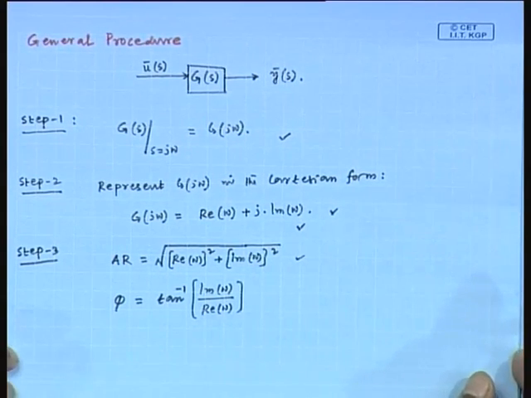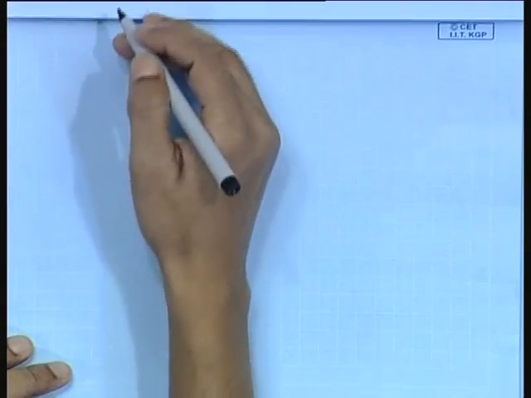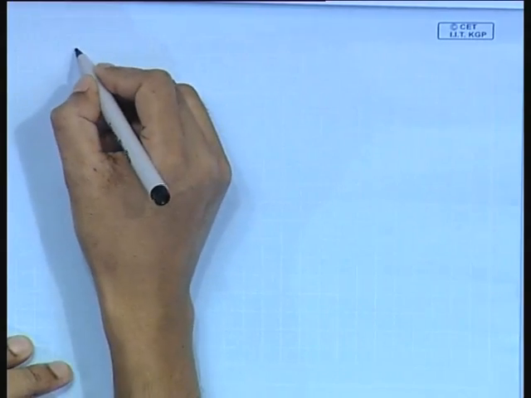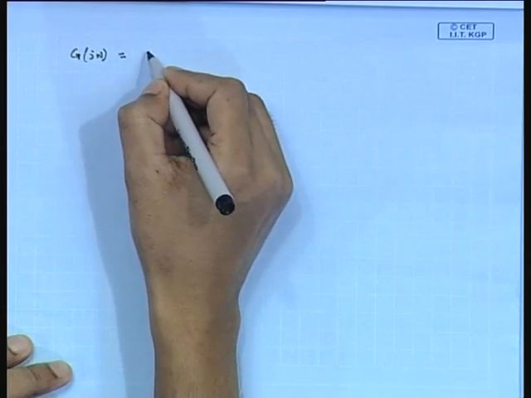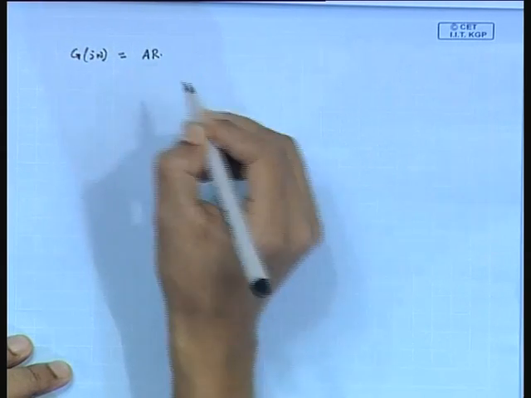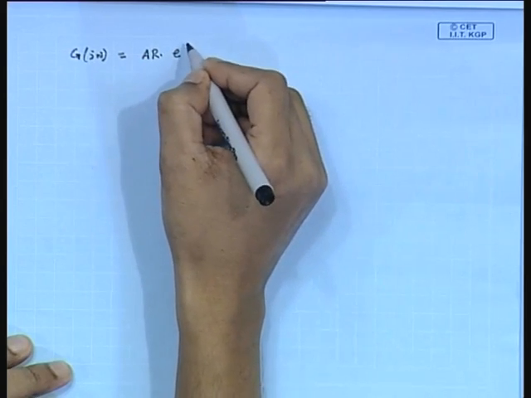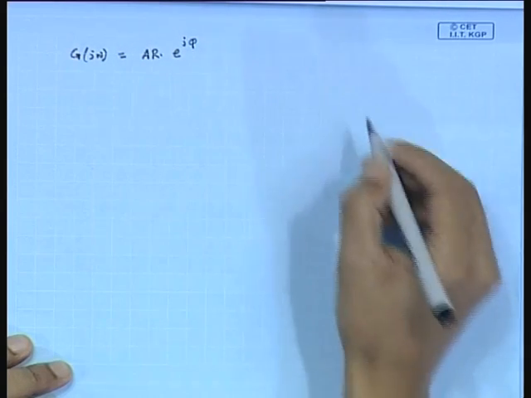Now, the alternative technique: we can represent the frequency response transfer function in polar form, amplitude ratio times exponential of j phi.